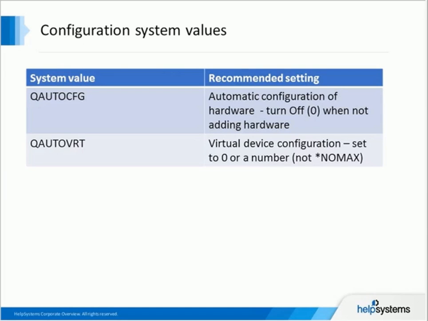The recommended setting is to turn off auto-config unless you're actually adding new hardware. And for the virtual devices, don't set it to *NOMAX, so your system gets filled with virtual devices, but set it to a number or to 0. If you set it to 0, the virtual devices are not deleted, but no more can be created than what have already been created.